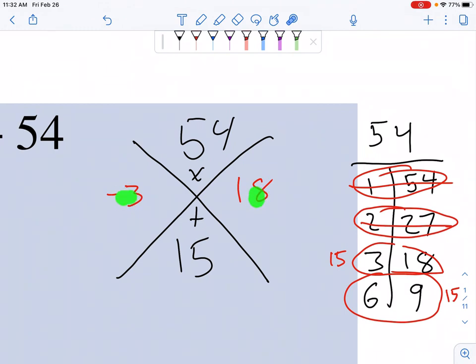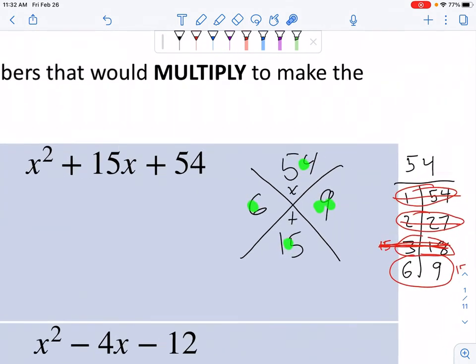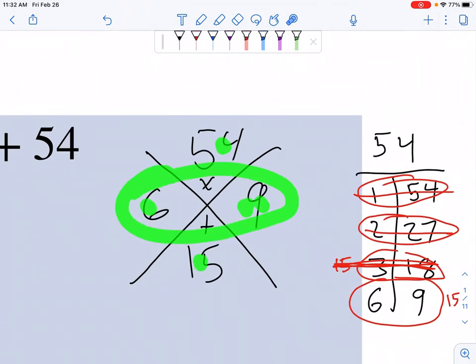But a negative times a positive gives us a negative answer, so those don't work. So the 15 that we get from 3 and 18 doesn't work. What about 6 and 9? So 6 times 9 makes positive 54, and 6 plus 9 makes positive 15.